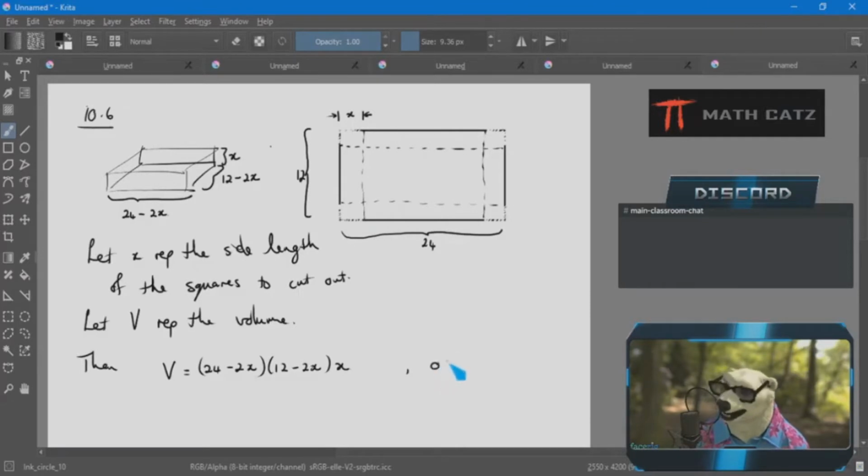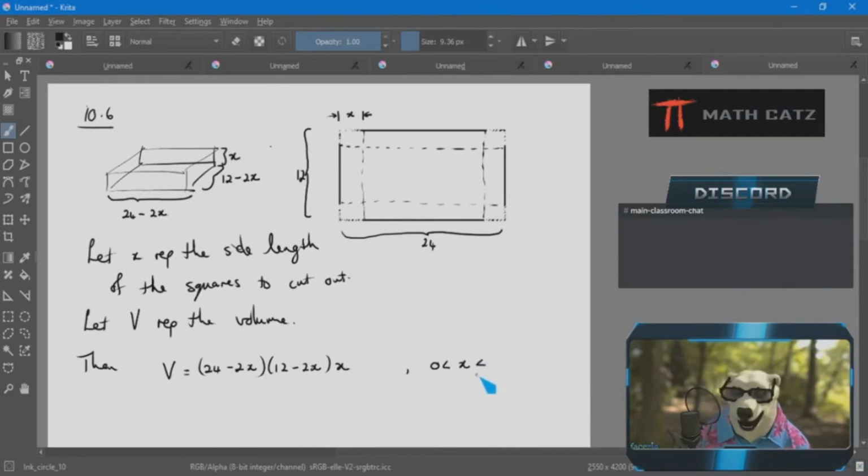I can't cut out nothing. That's not going to work. If I cut out nothing, I have no volume. But what I can cut out can be very, very small, heading towards 0, but I can't have an equal sign, right? If I have an equal sign, then clearly the volume is going to be 0 because of this factor over here.